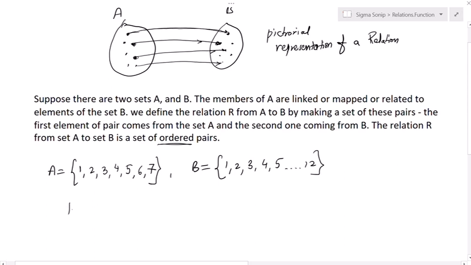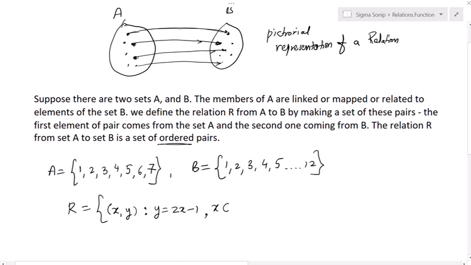Now I'm defining relation R. R is equal to, as I told you, a set of pairs. So I'll say the set of pairs (x, y) such that y = 2x - 1. Here I'm defining the relation. But then I also need to tell where my x and y are coming from.